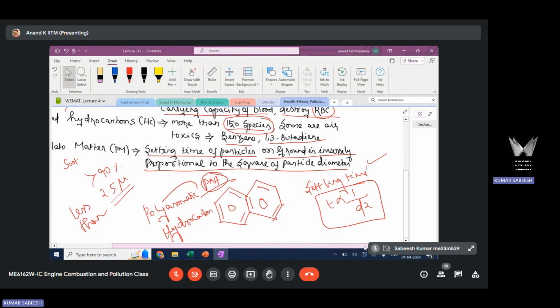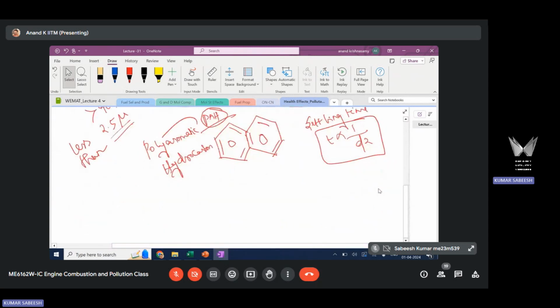Since these particles are suspended for longer, the chances of you taking in the particles through your respiratory system are high. When you breathe in, you take in air along with these particles. Smaller size particles can penetrate deep into the lungs.